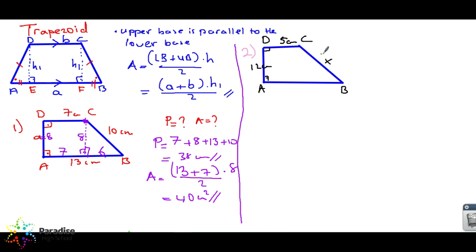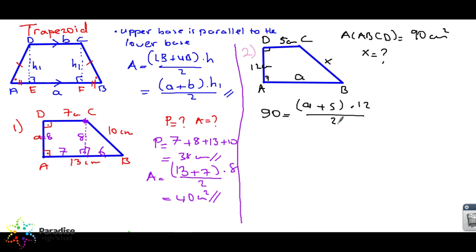The question is, the area of ABCD is given as 90 cm squared. Then what is X? We know that the area of a trapezium is equal to the lower base plus upper base, multiplied by height, divided by 2.